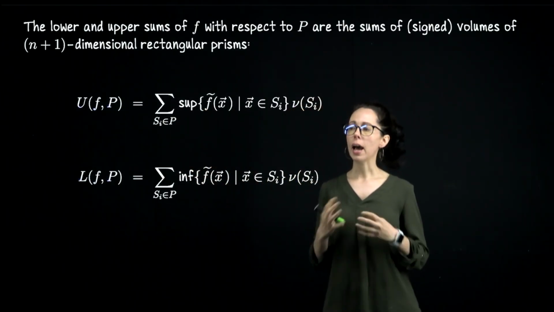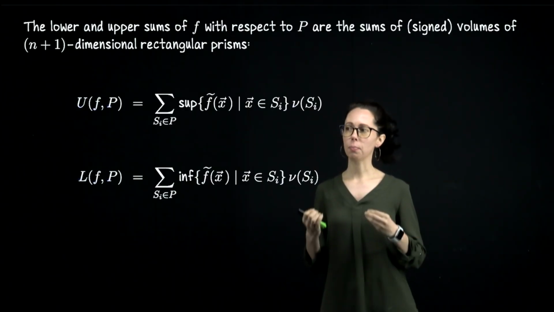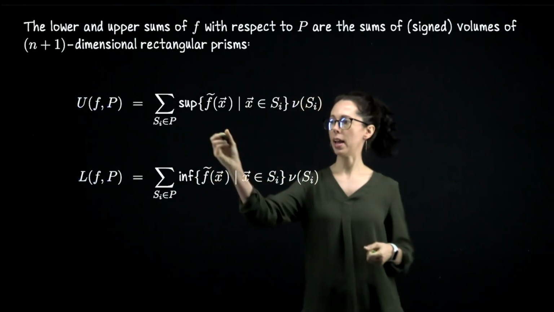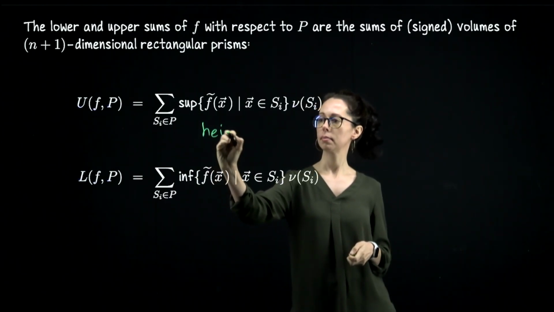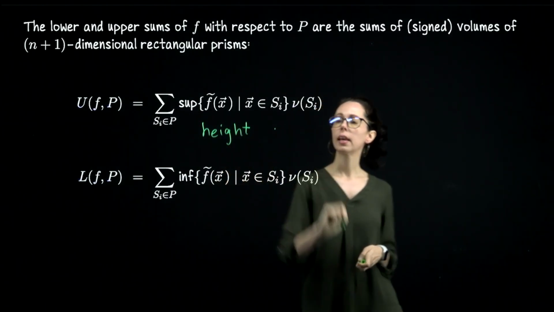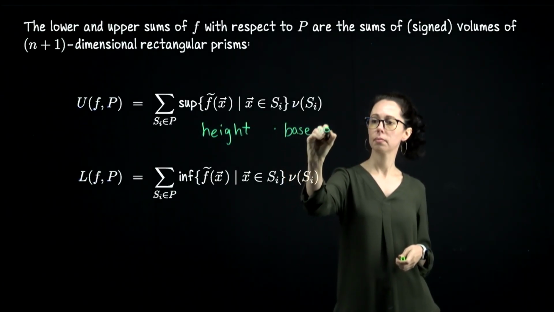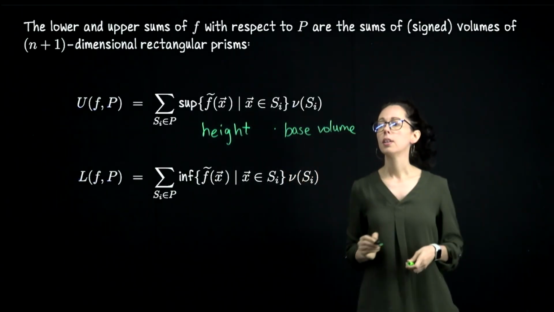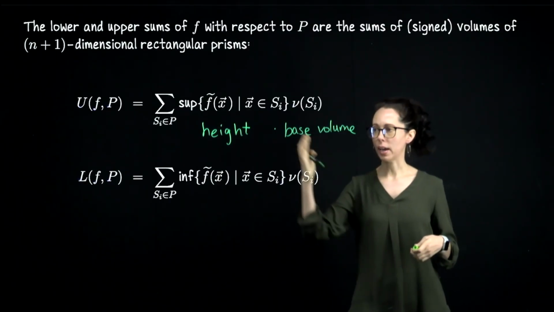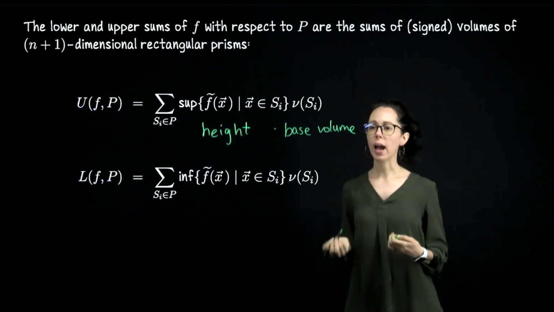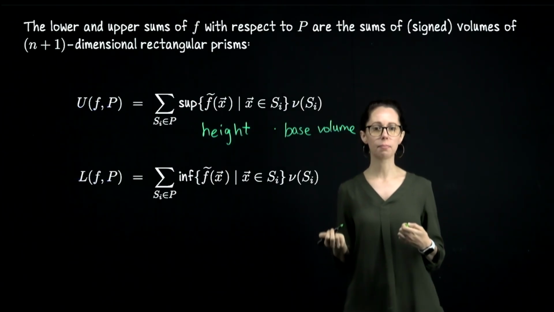And then it's adding up a bunch of products where this first term, the sup, we think of that as a height. And then the second term is the base volume. So that overall, by identifying the sup as our choice of height over each subrectangle, what we are adding up here is a bunch of tall prism volumes.